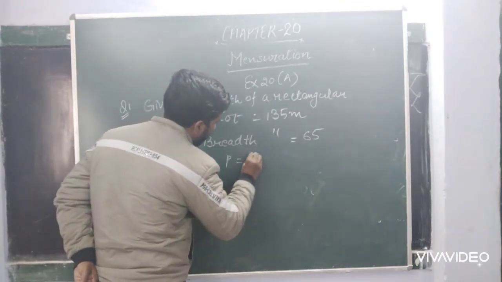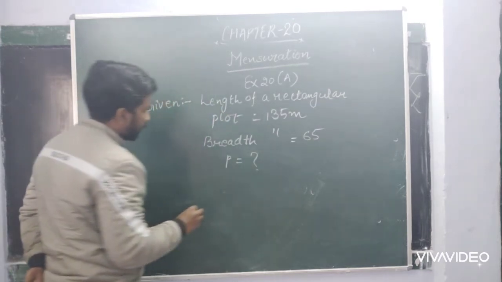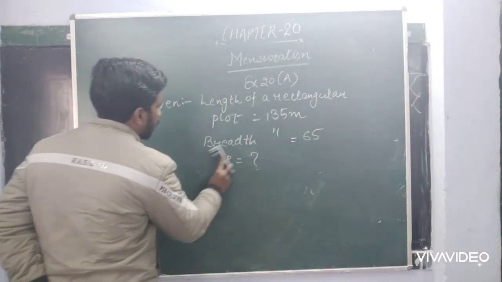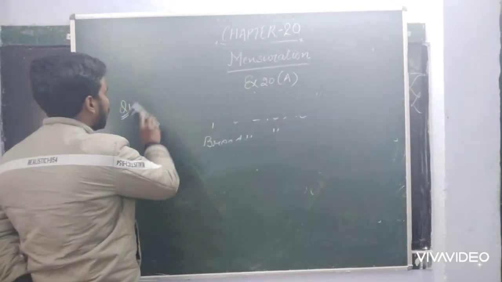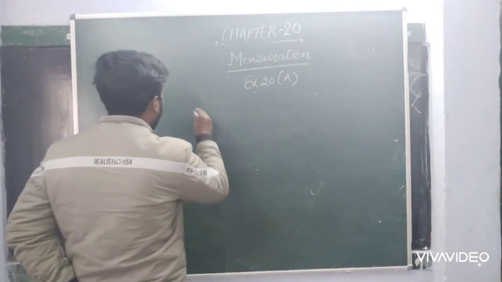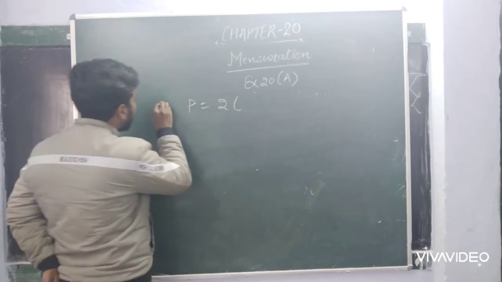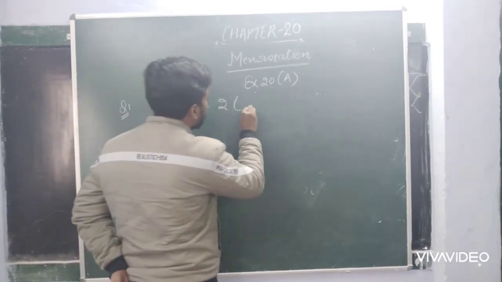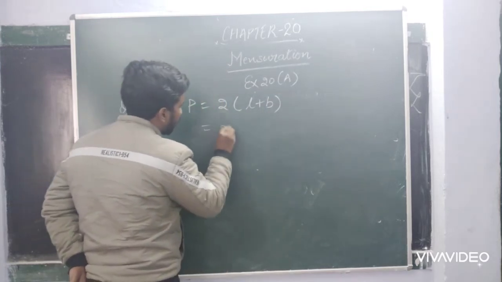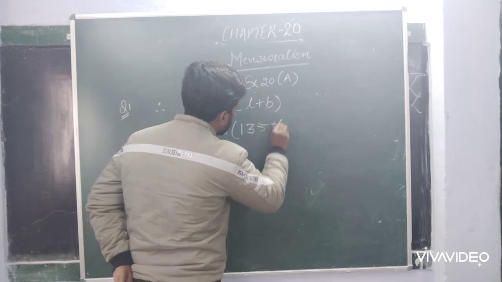What is the perimeter of a rectangular plot? We know that perimeter equals 2 times (length plus breadth). So 2 times (135 plus 65).